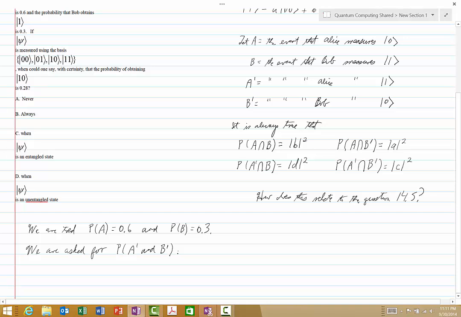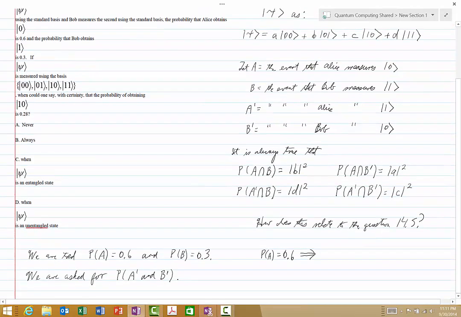Okay, so how does all of this fit together? Well, the fact that P of A equals 0.6 implies, now remember, A is the event that Alice measures 0, and Alice measures 0 in these first two cases.